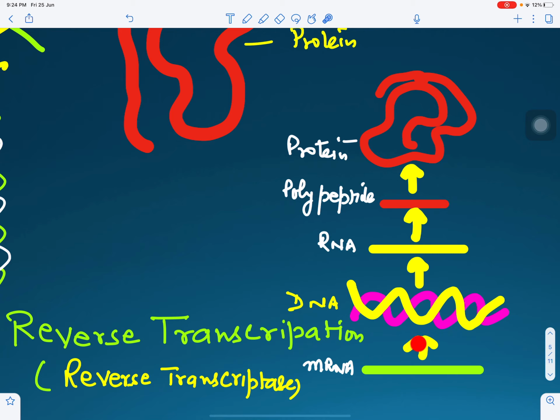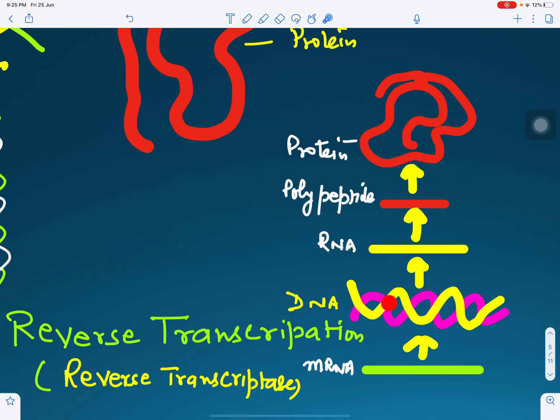Now that may undergo reverse transcription. RNA will produce DNA. So DNA is double stranded, RNA is single stranded, and this conversion of DNA from the RNA, or formation of DNA from the RNA, is called reverse transcription. And for this whole process, the enzyme which is helping is reverse transcriptase.